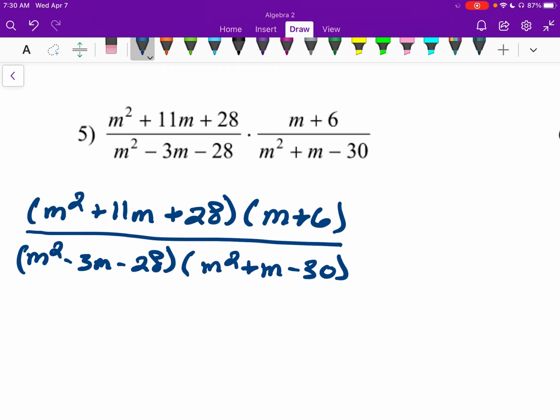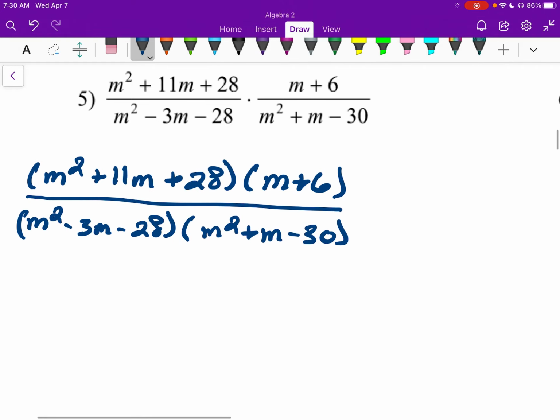So now it's like one of the problems on the front page, except it's a little bit longer, right? We have 3 different pieces that we need to factor now, and remember we are still going to need to look at where our denominator goes to 0. So right now I'm going to find what my factors would be of these. For 28, I want to get up to 11.